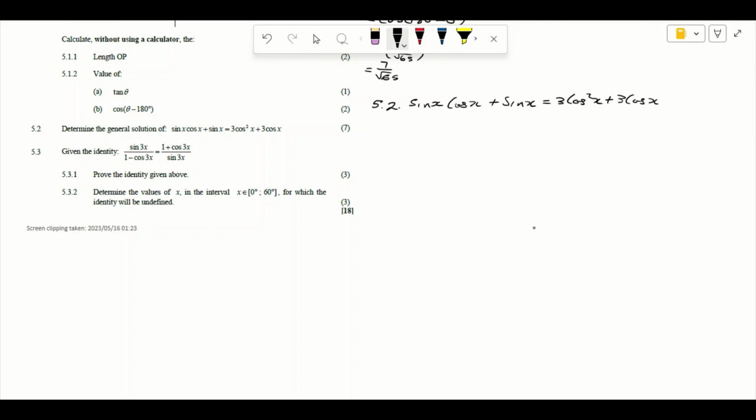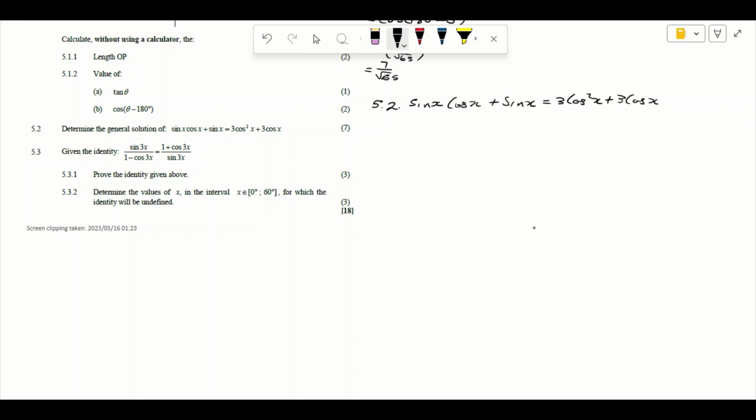But now here we can't just find the general solution of sine and cos. The first thing that we must do is to factorize, because now we are seeing that there's a sine x over here, which is sine x cos x, and a sine x.